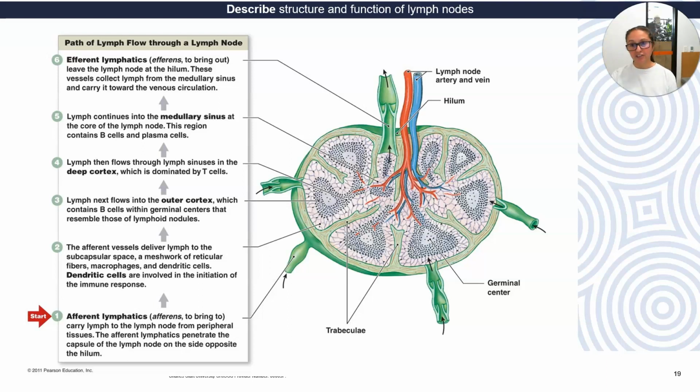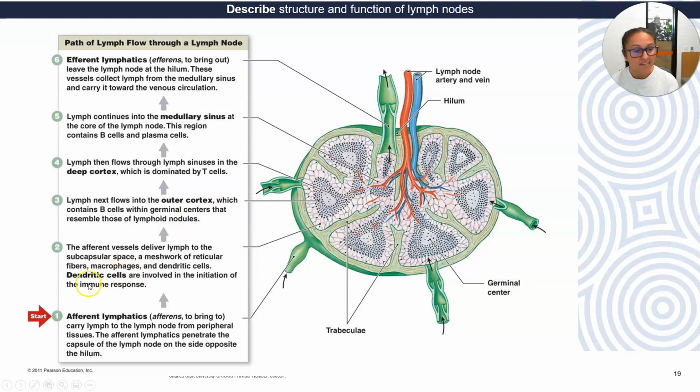Now, what I suggest you do is that you watch this lecture, then you watch the lectures for immunity, which are the next two parts, and then you come back and watch this again because it'll make more sense to you. So you've got these dendritic cells, so white blood cells are there, and they go around your lymph and make sure and clean it up and get rid of things.